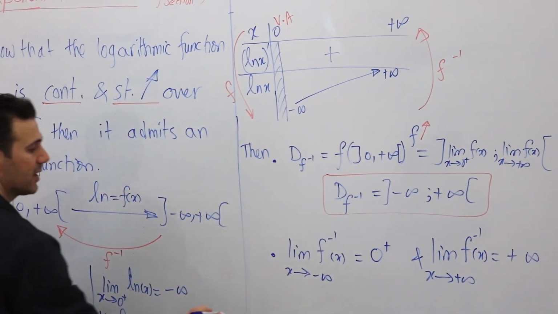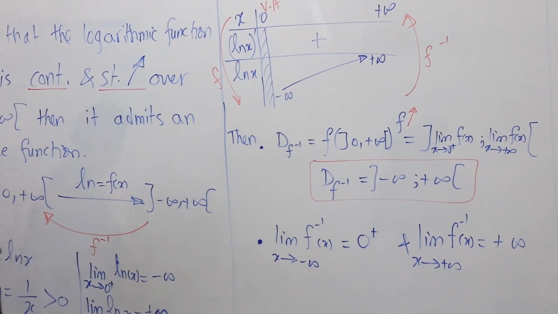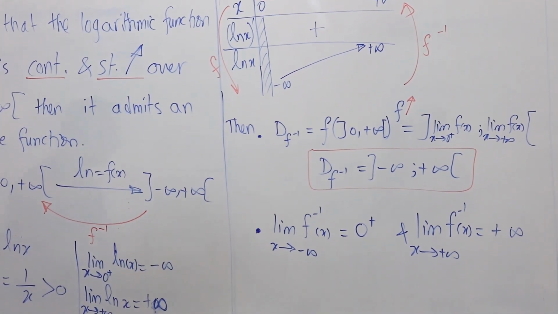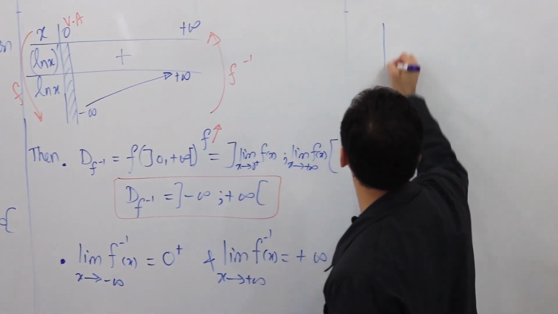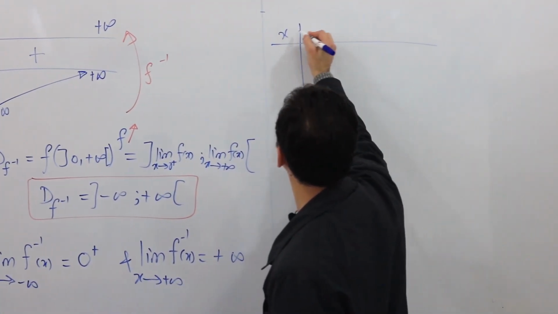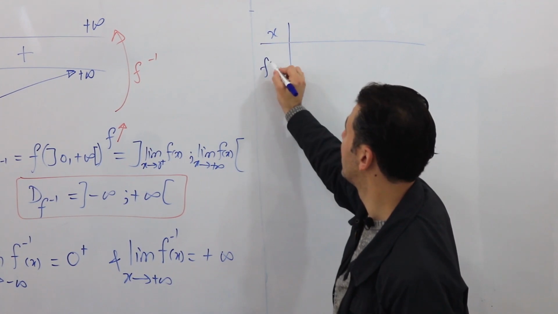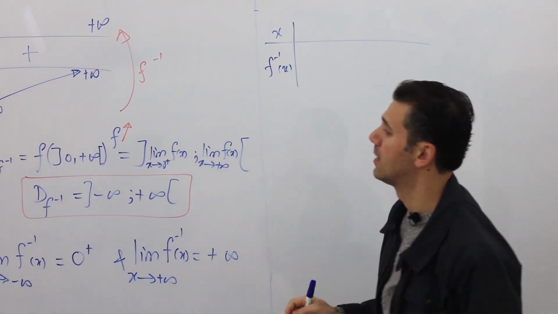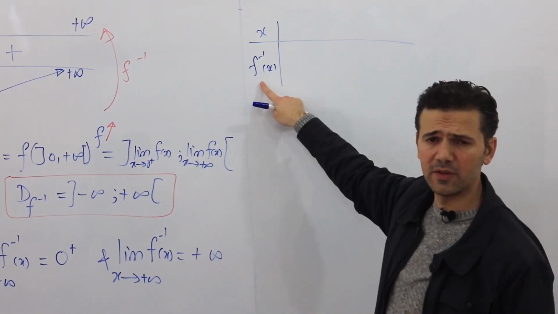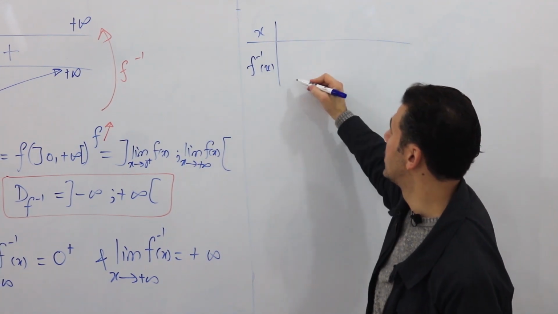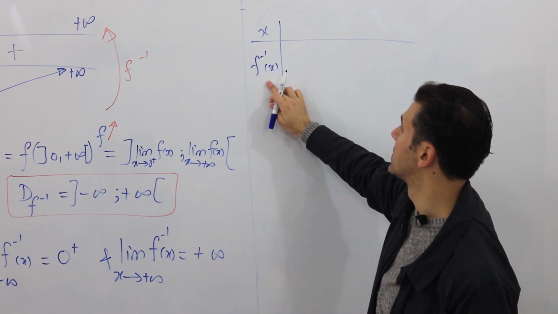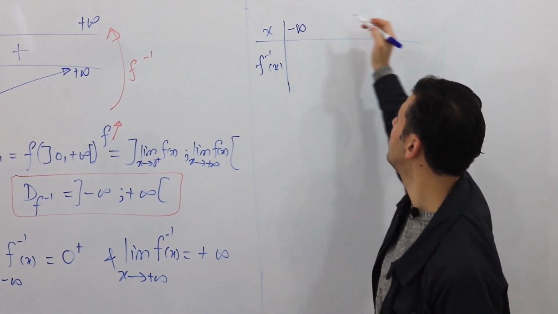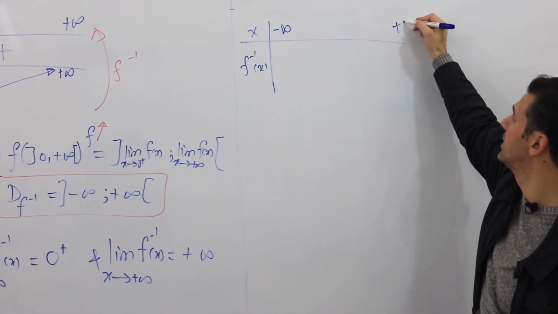Now, what about the table of variation of f inverse? Here we have f inverse of x. It's stable. No need to put the derivative in this case, since we know the variation of this inverse function. Its domain is from minus infinity till plus infinity.